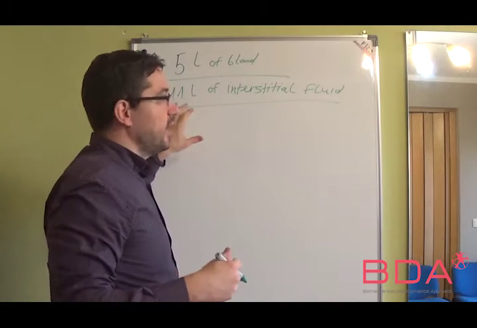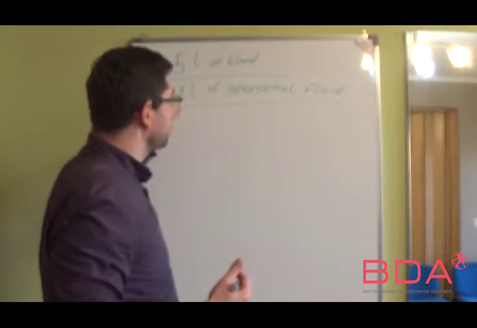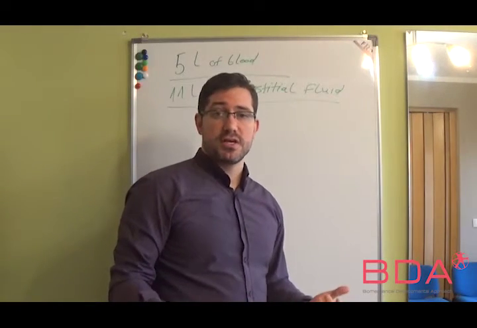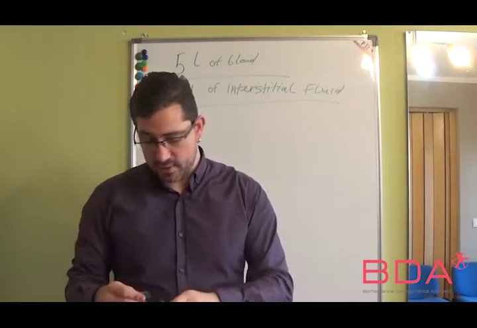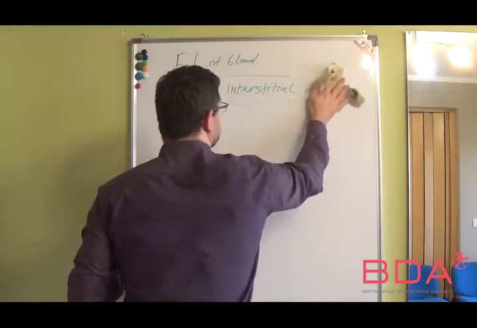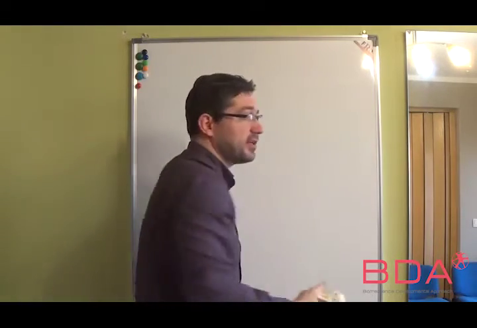It's contained inside of the tissues, and I will explain the role of this interstitial fluid. Of course, about 5 liters and 11 liters, we talk here about an average adult person.